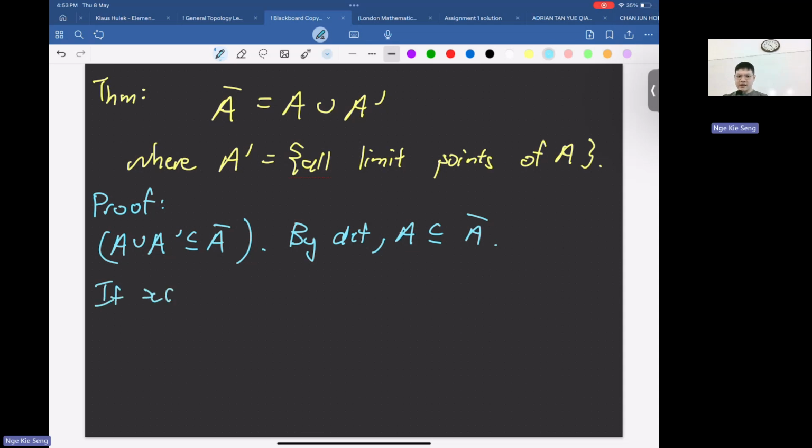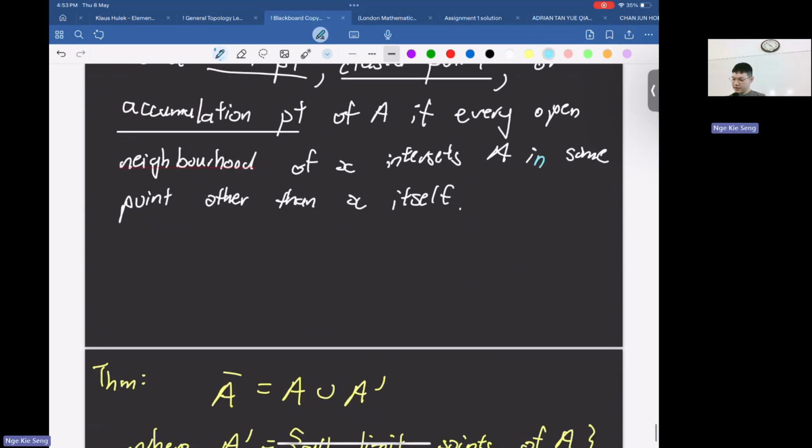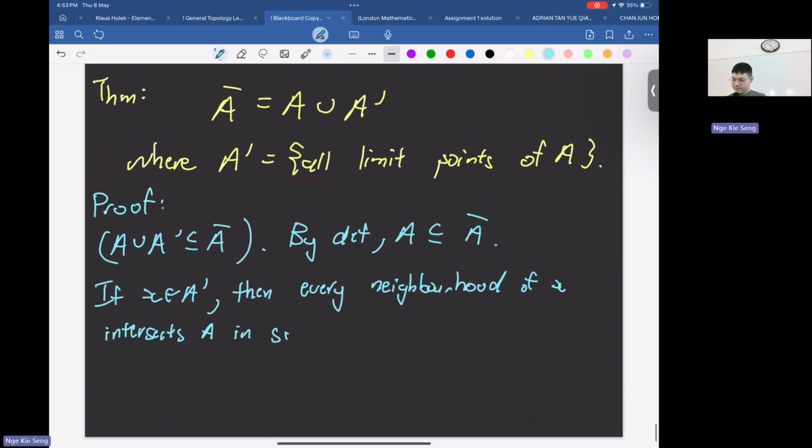If x is in A prime, what does it mean? By the definition of limit point, every neighborhood of x will intersect A in some point other than x itself.